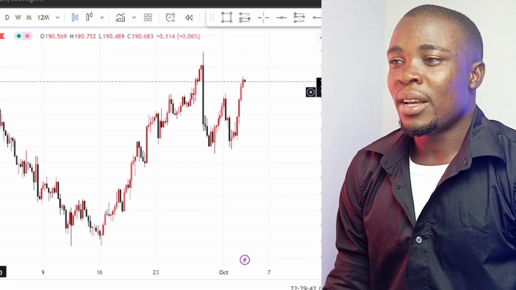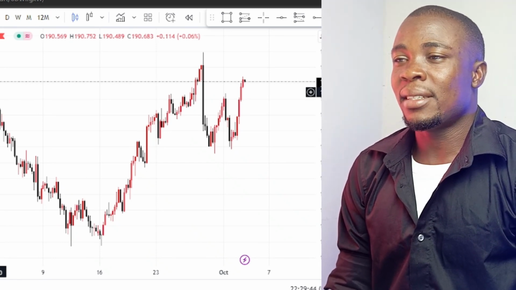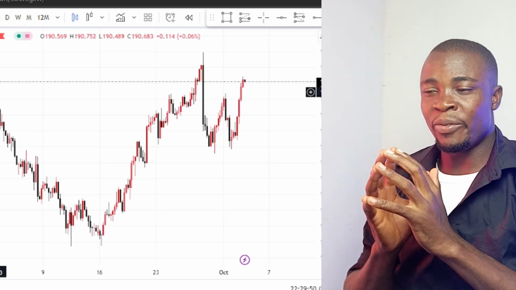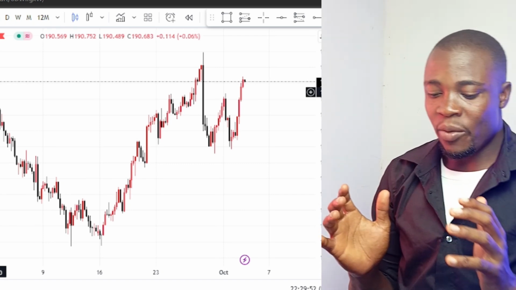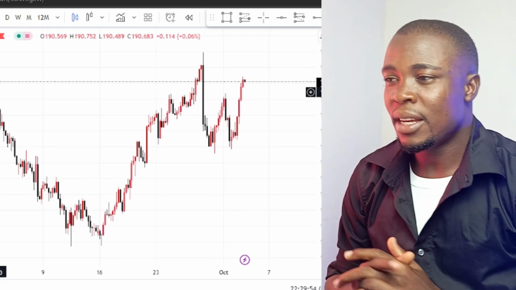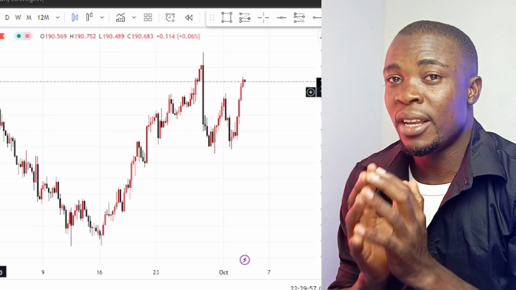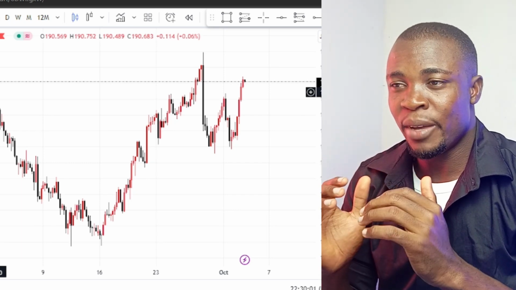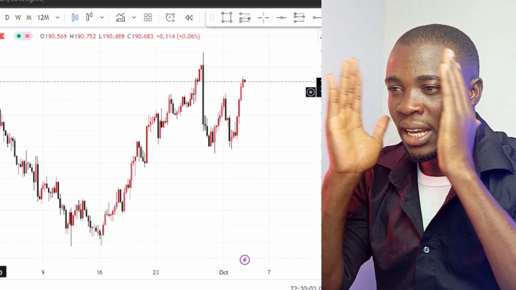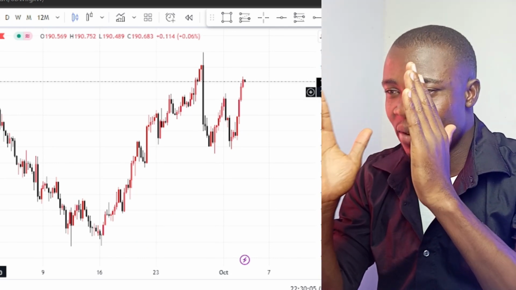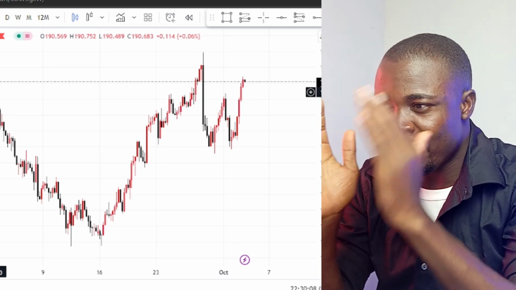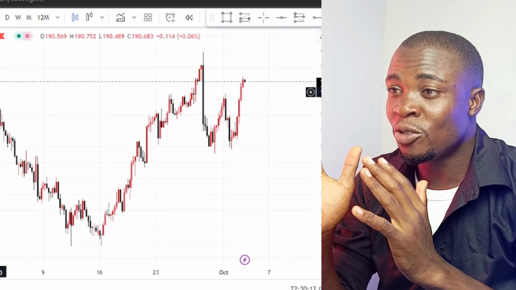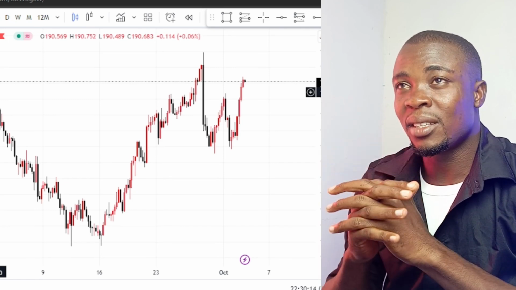The way we do it is that you tend to do your analysis on the higher time frame. Why are we doing analysis on a higher time frame? It's because if you go to your 5 minutes to mark up your support and resistance, you tend to put a blind on your face. You are just looking at a 5 minutes movement of the market, whereas your 5 minutes uptrend might be a resistance at 1 hour.